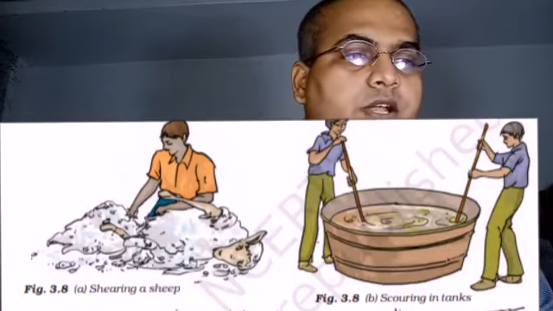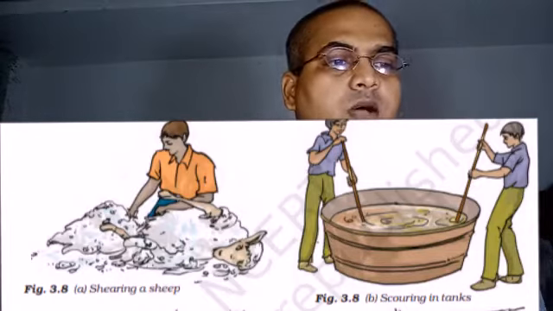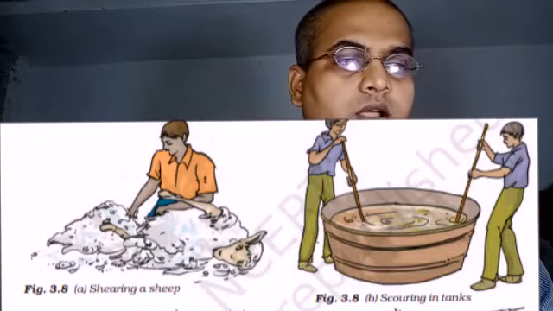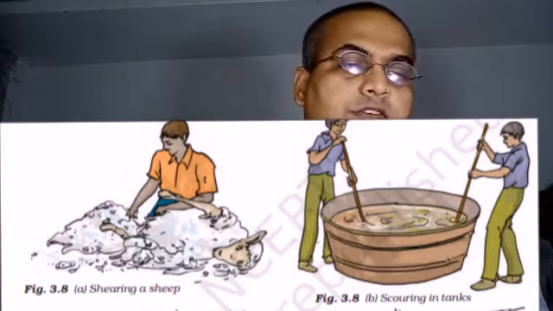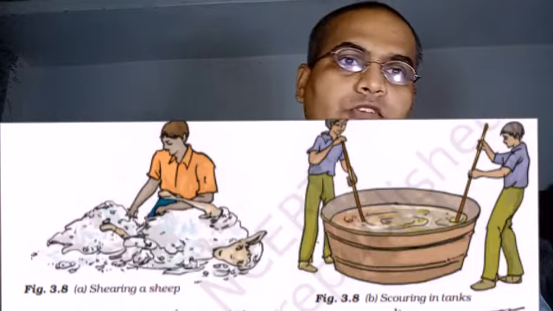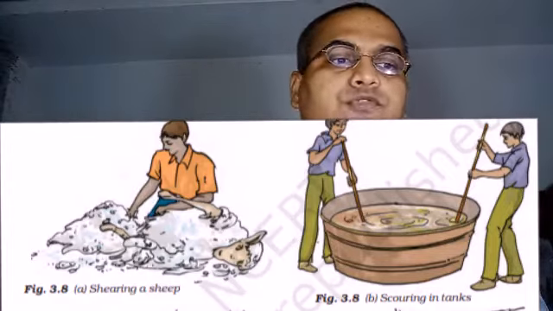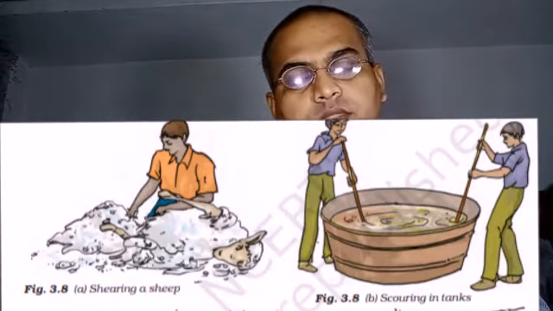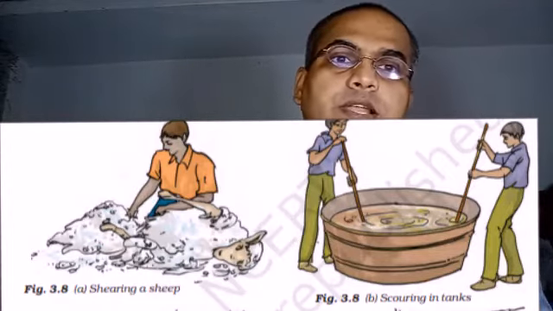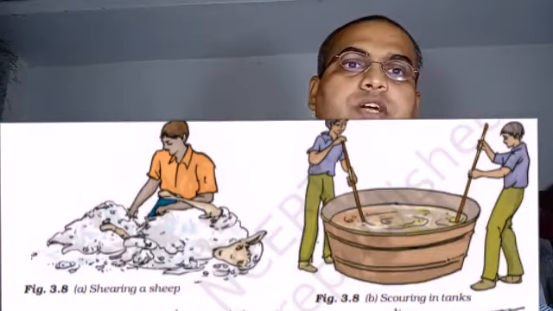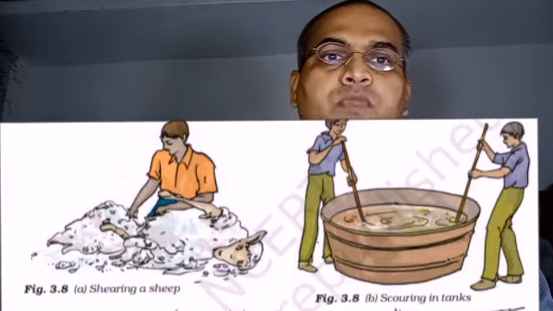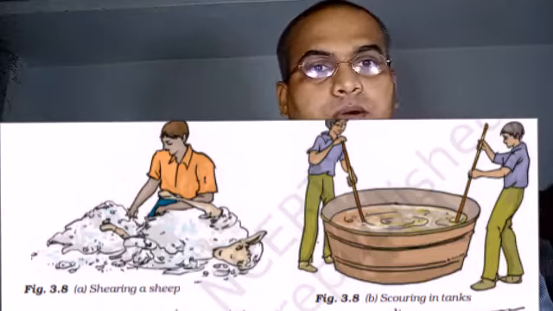Now after this process comes the fourth process, where the small fluffy fibers called burrs are removed from the wool. Sometimes on the sweaters we wear, the thread-like structures coming out are called burrs.